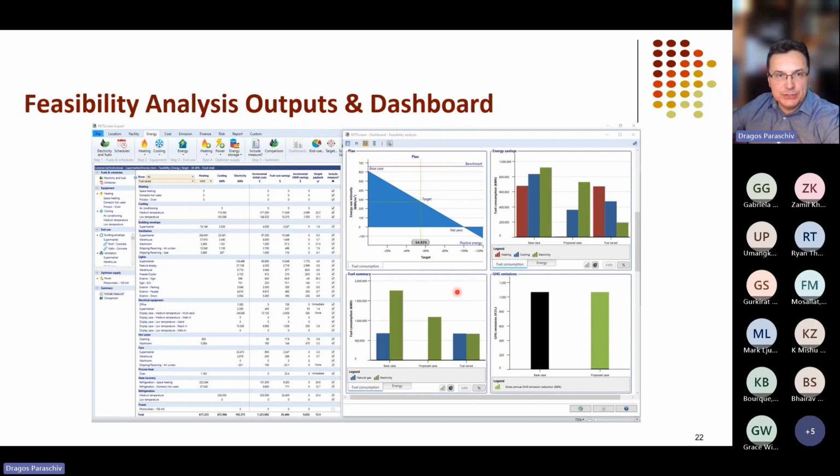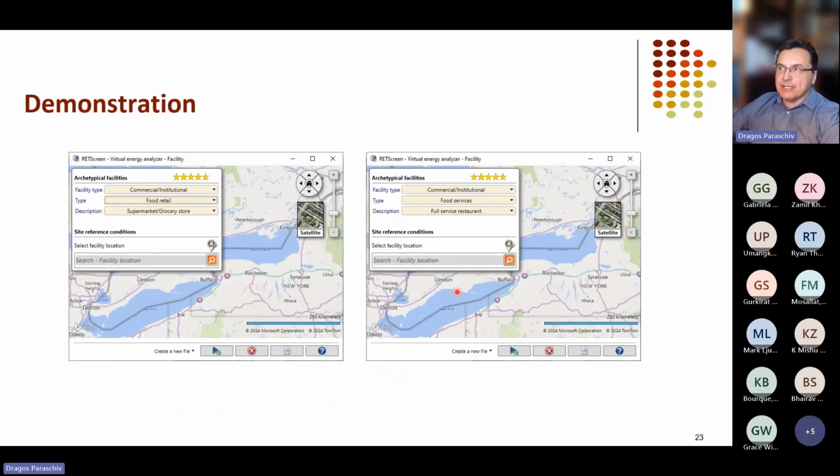So what we are going to do next is to use the RETScreen Virtual Analyzer to look at an example of a food retail store. It's an archetype that's available to anyone that installs the software, and we are going to use it as an example for our discussion.